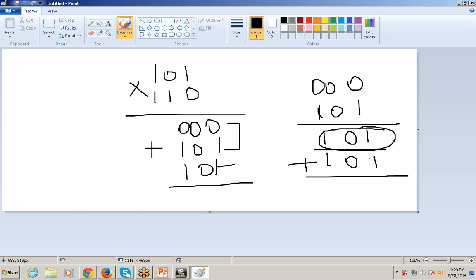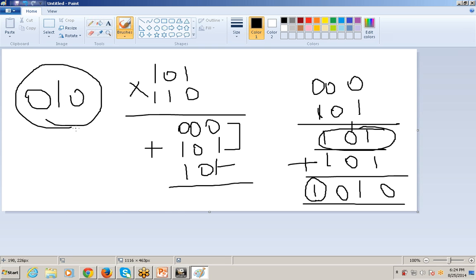So this is what the final output comes. 1 plus 1 is 0, and the carry is 1, and the output is 1. 1 plus 1 is 0, carry is 1. So I have to discard this carry because we have to use 3 bits only. So the output of the multiplication is only 0, 1, 0. This is how we can multiply unsigned numbers.